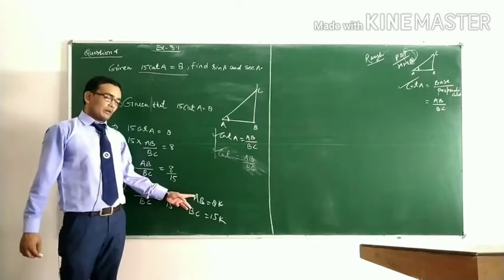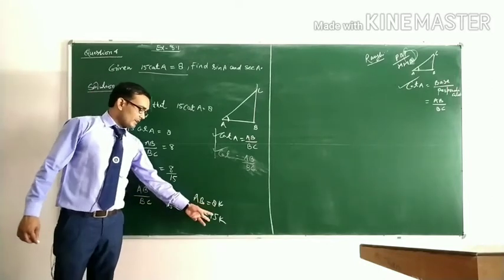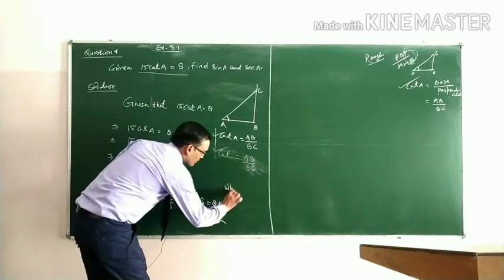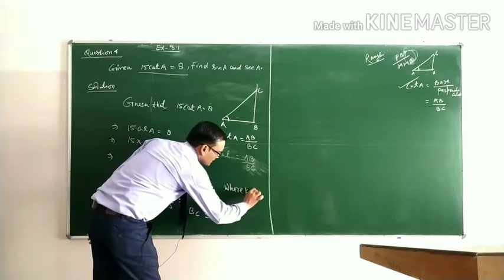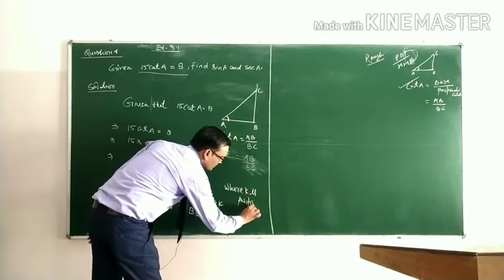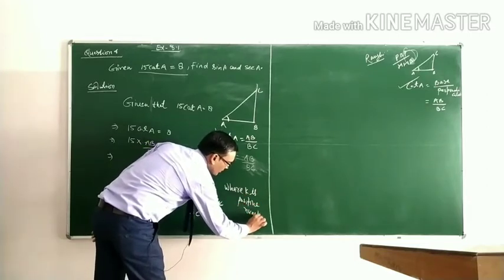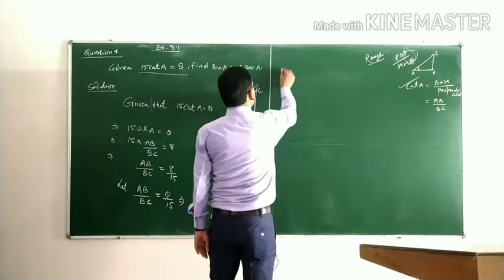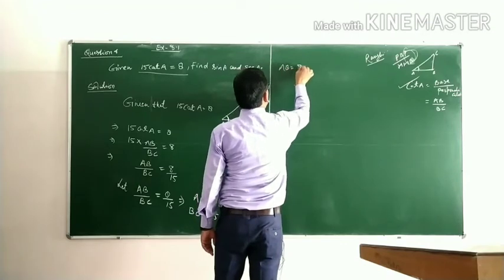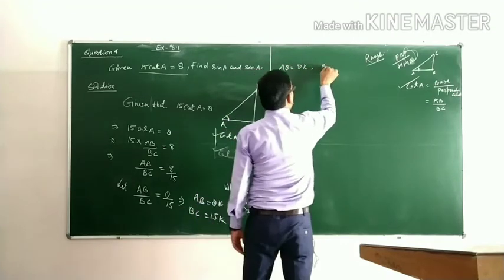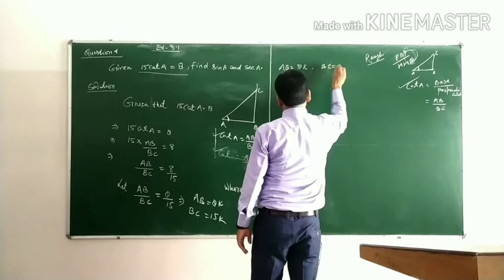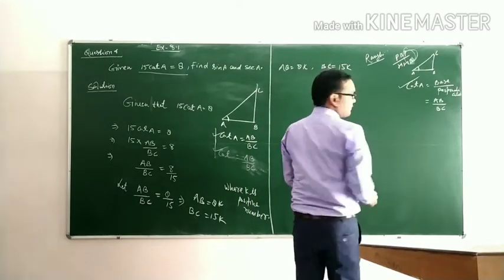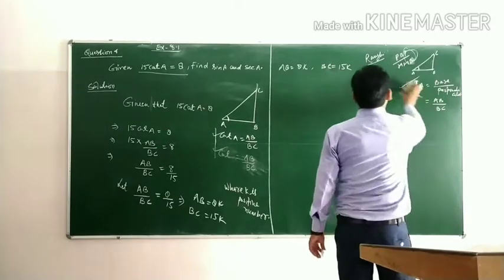We find the ratio of AB and BC is 8/15. Now AB is equal to 8K and BC equal to 15K. Then we find the value of AC.